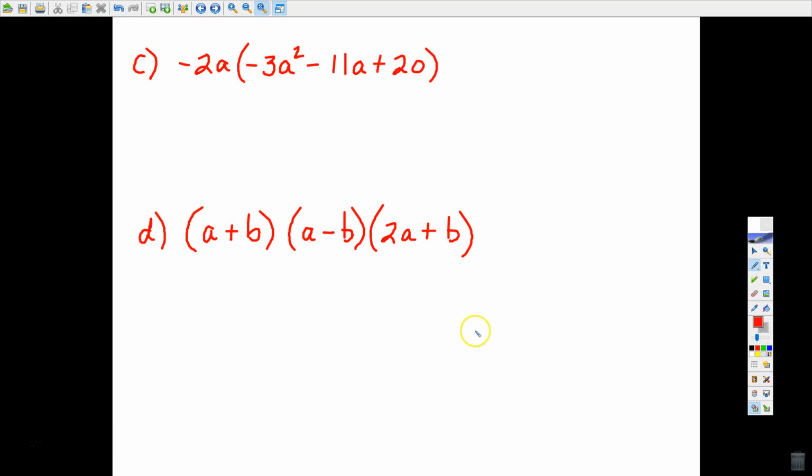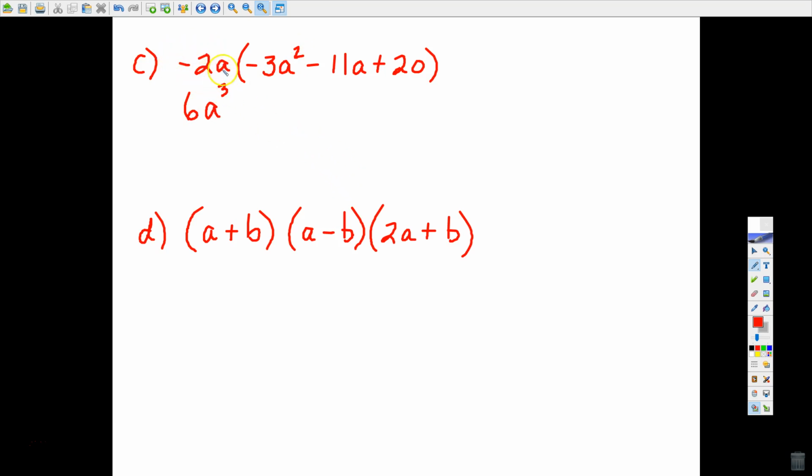Okay, letter C. This time I'm going to simplify by using the distributive property, and I've got an exponent rule that I have to keep in mind. So let's distribute -2a to each one of these three terms in parentheses. I'm going to multiply coefficients. -2 times -3, that's 6 positive. And now remember, when I multiply like bases, these are like bases, a to the first times a to the second, that's a to the third.